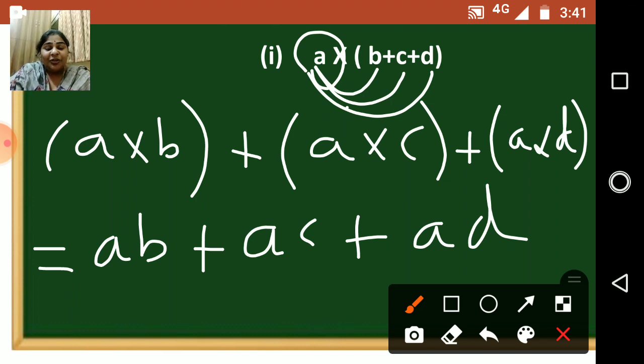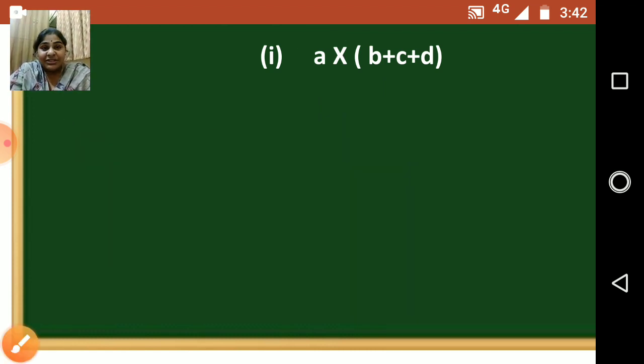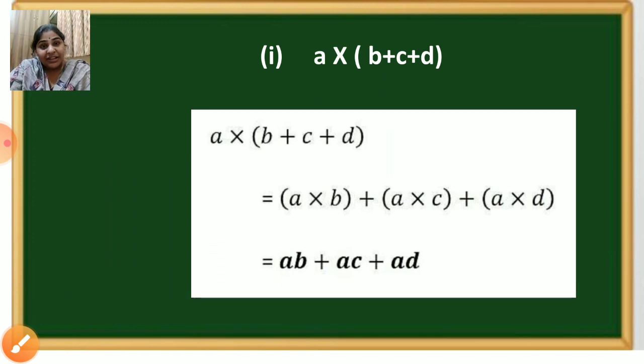If you see all the variables, there are no like terms here, so we cannot solve it further. It will be as it is, that is ab plus ac plus ad. All these solutions children, you have to write in your classwork.